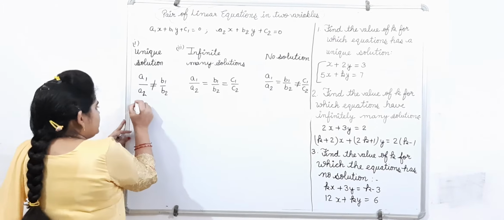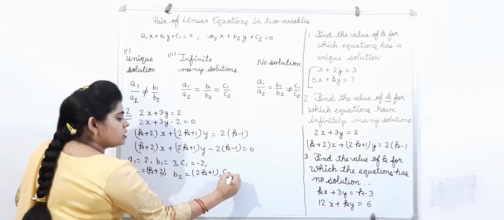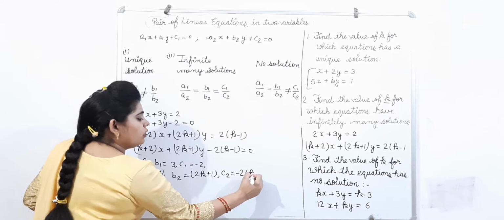Now when we compare these with the standard equation, a1 is equal to 2, b1 is equal to 3, c1 is equal to minus 2, a2 is equal to k plus 2, b2 is equal to 2k plus 1, and c2 is equal to minus 2 into k minus 1.